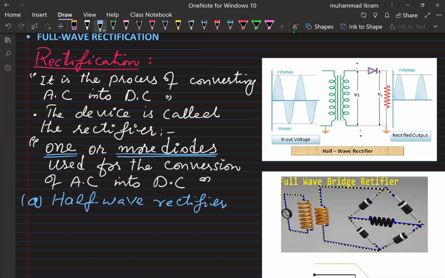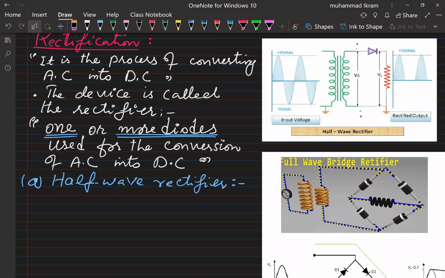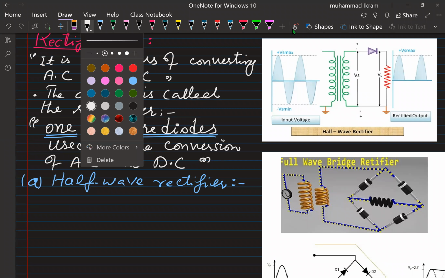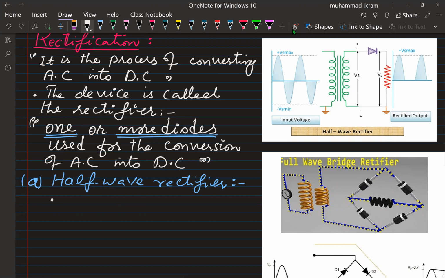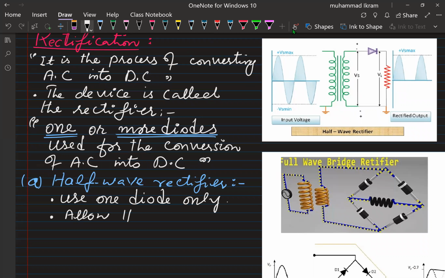The half wave rectifier is the kind of rectifier which uses one diode only. And this kind of rectifier allows the positive half cycle to pass through.